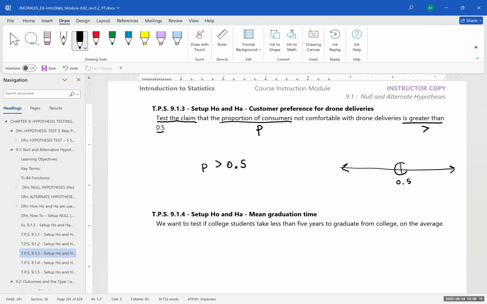So that means it's not going to include 0.5, and it's greater than it. So this is P greater than 0.5. What is the complement to that? It's going to be equal to 0.5 and less than. So it's going to be less than or equal to 0.5.